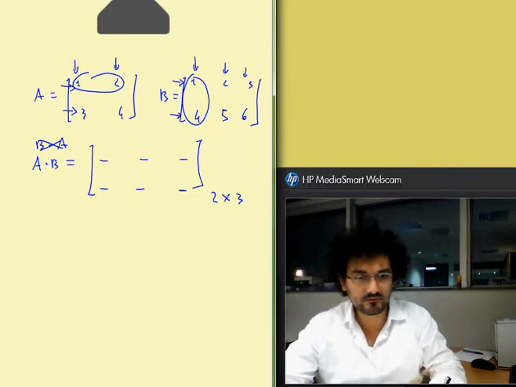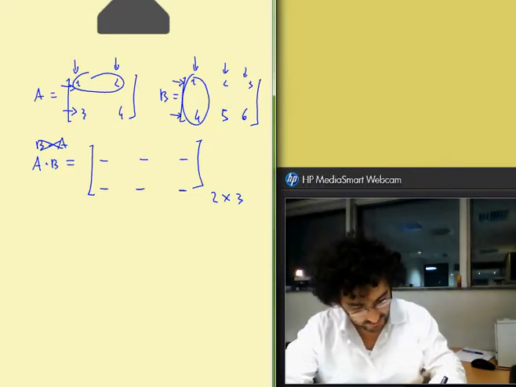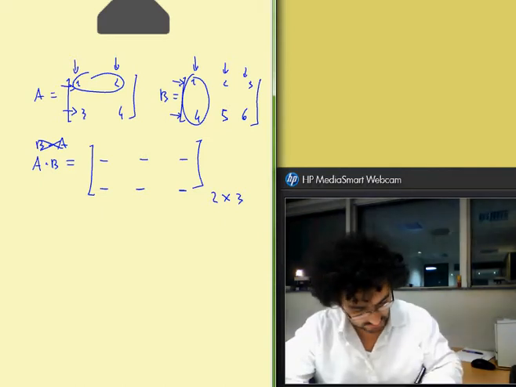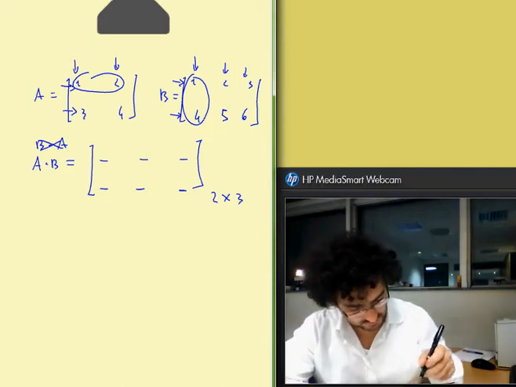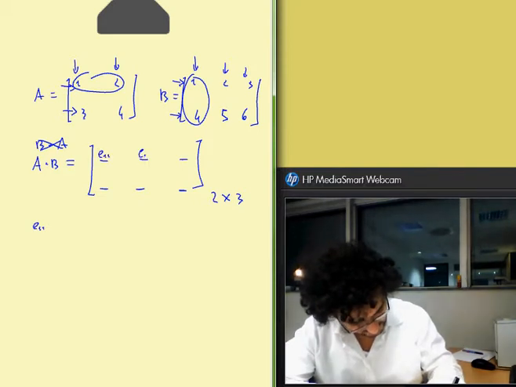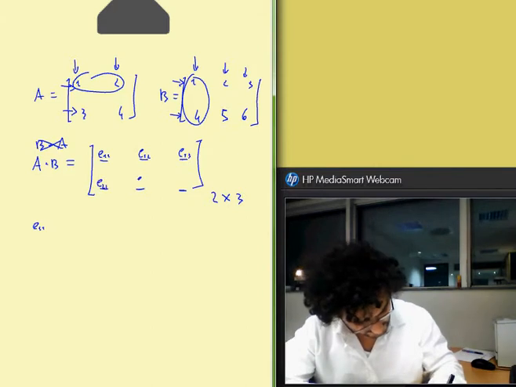Applying the formula we have seen before, it's better to compute the algebra. So if this is matrix C, the elements are C11, C12, C13, C21, C22, C23.